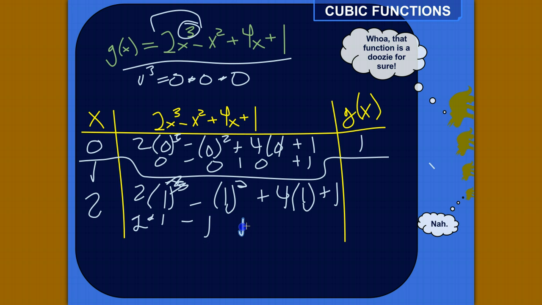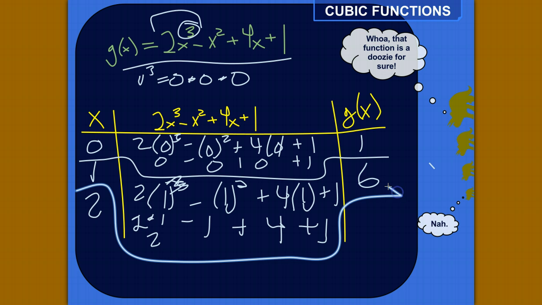And 4 times 1 is 4, and then plus 1. So 2 times 1 is 2. So 2 minus 1 is 1, plus 4 is 5, plus 1 is 6. So that would be what comes out of the function. So if we plug in a 1, we get out a 6.